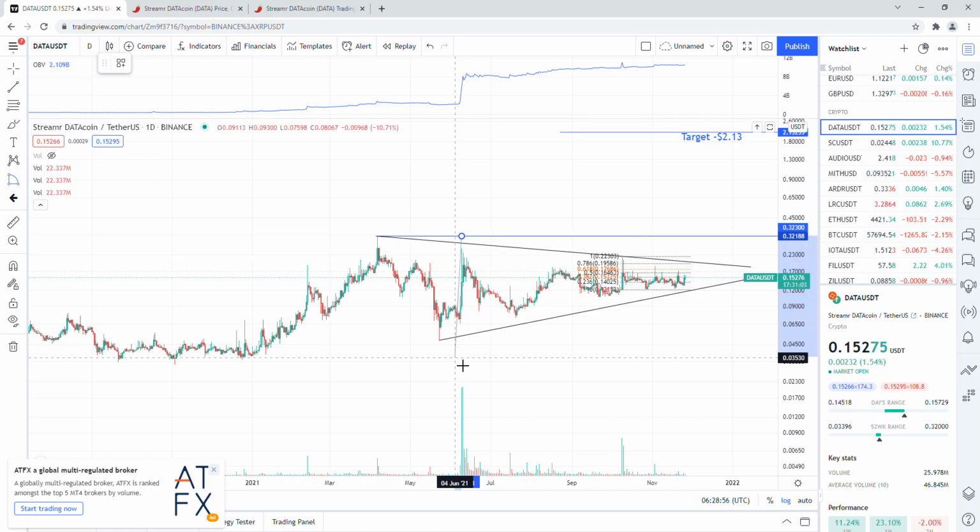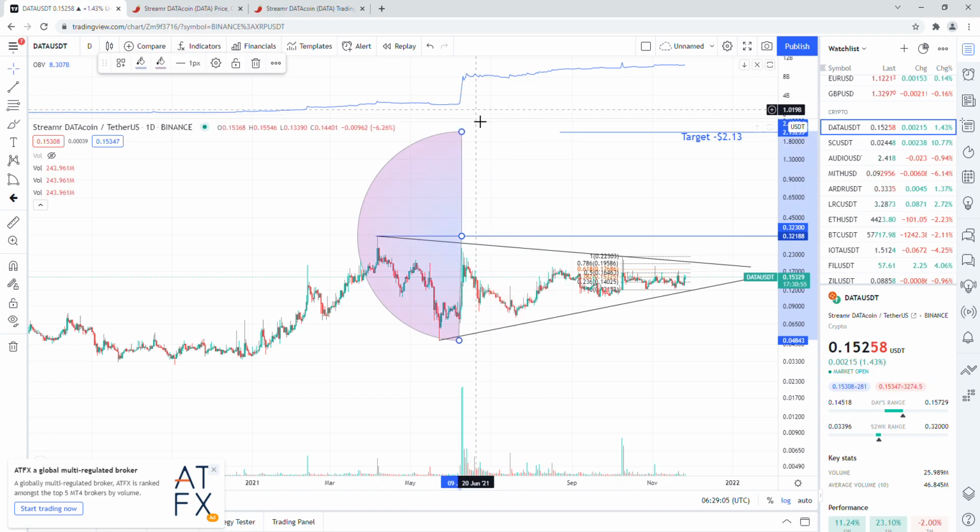Let's just double check for the guys that are new to the channel or watching one of the videos for the first time. We understand roughly that the target is at $2.13 or thereabouts. We can see that we have a very bullish OBV, which is the on-balance volume, a great indicator.